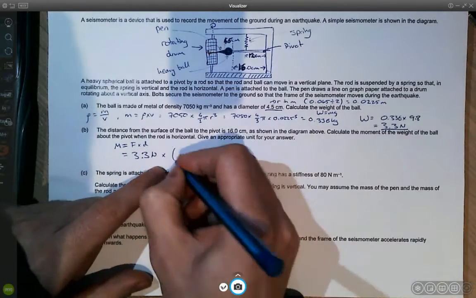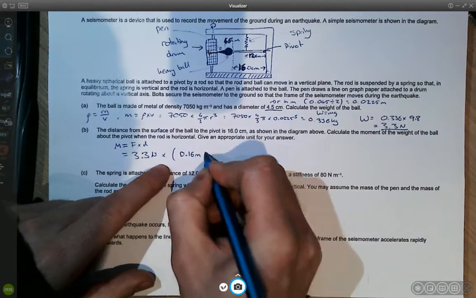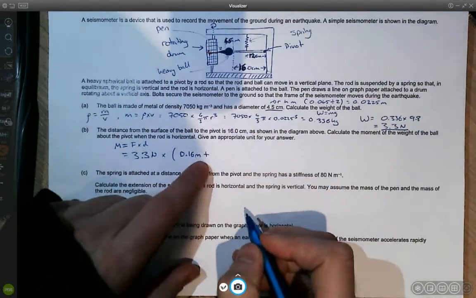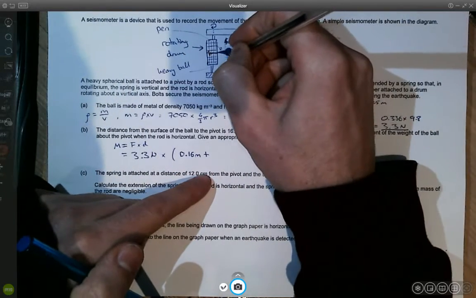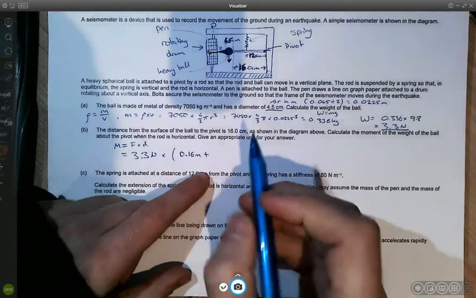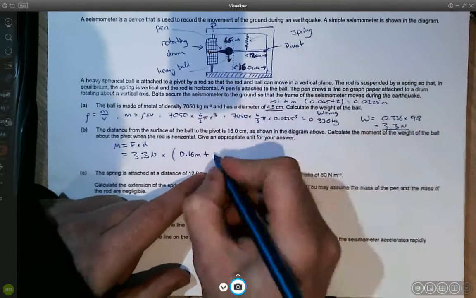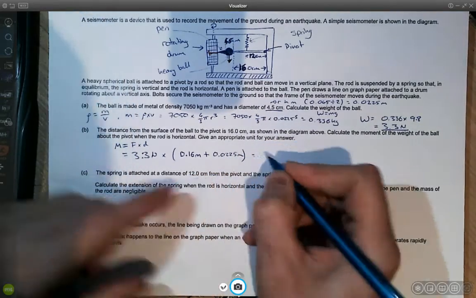So what is the distance? Well, it's 16 centimeters, which is 0.16 meters. But that's not where the weight is acting. The weight is acting from the center of the ball. So we need, again, the radius, which is 0.0225 meters.